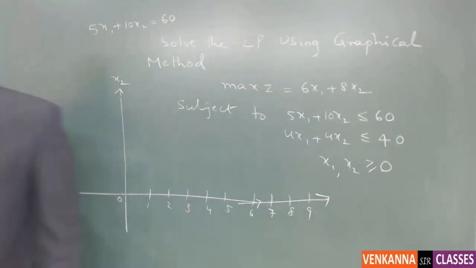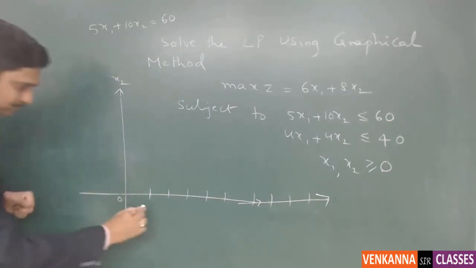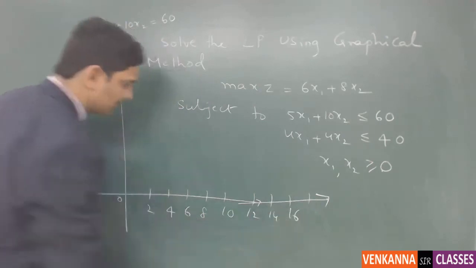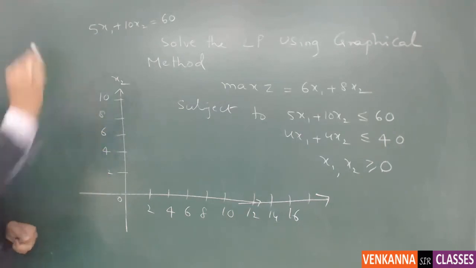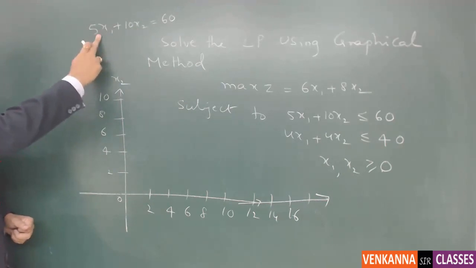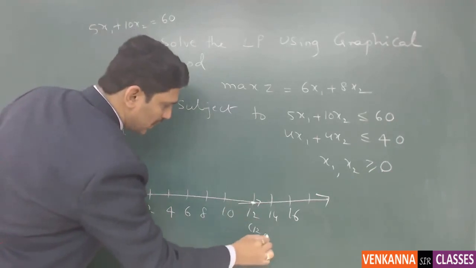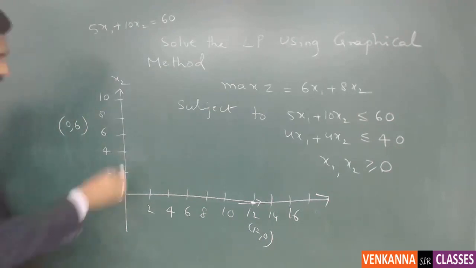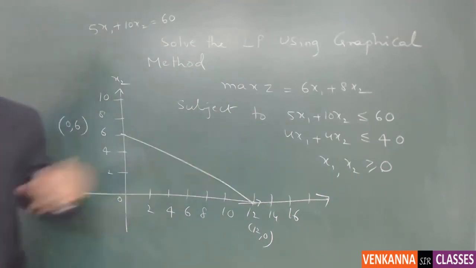I think it is better to take two values rather than single. So by putting x2 equal to 0 and x1 equal to 0, you get the corresponding points as 12, 0 and 0, 6. This is the graph of this line. Accepted?